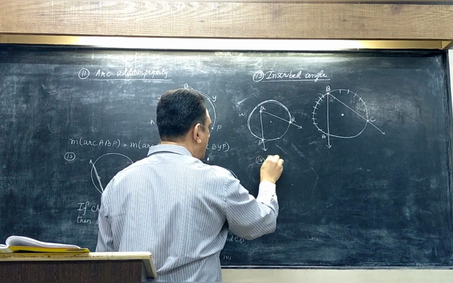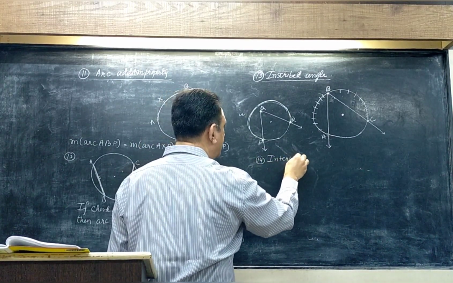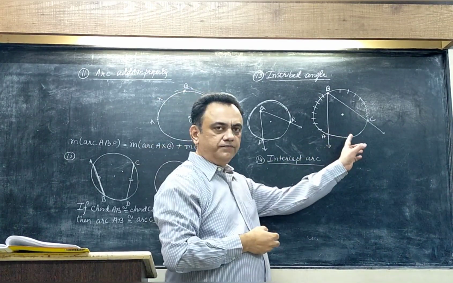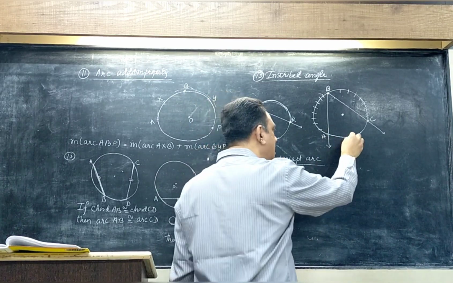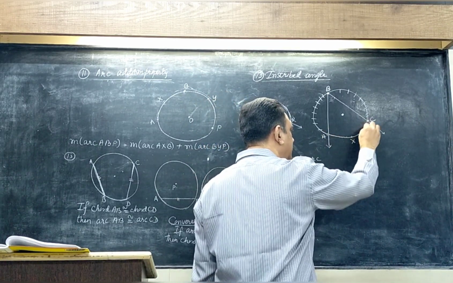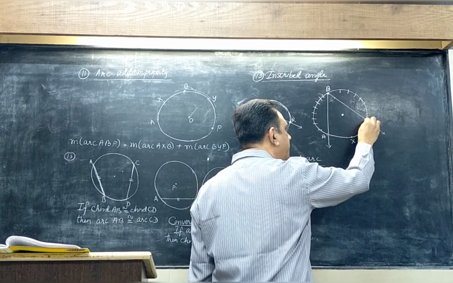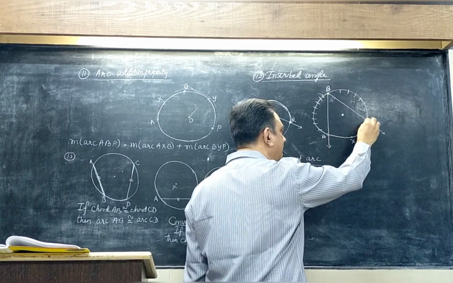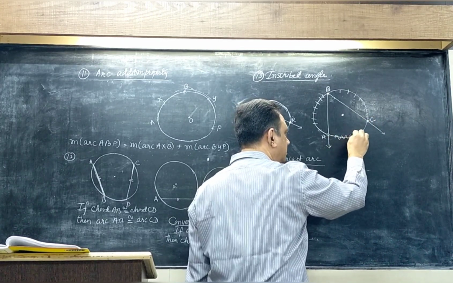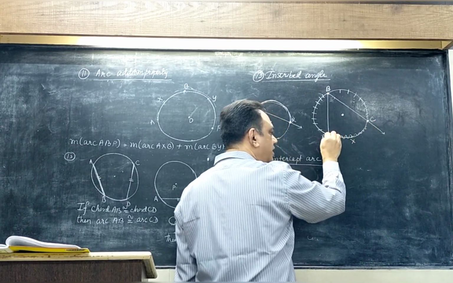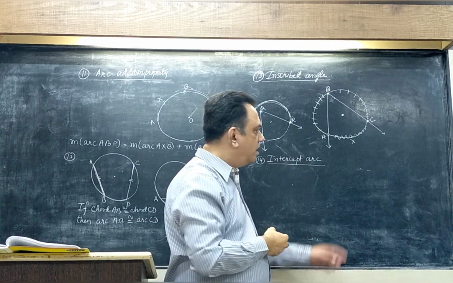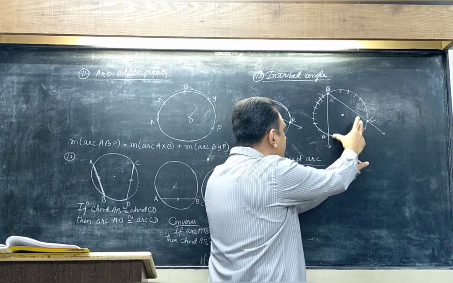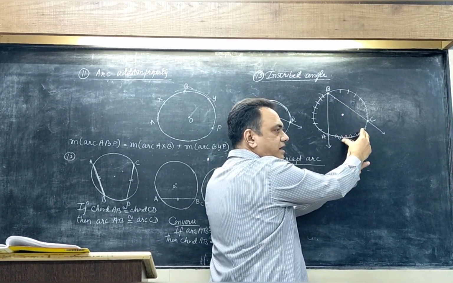14th point, I move on to intercepted arc. I take the same figure. If you look at this arc AXC, endpoints of this arc lie on the sides of the angle. This arc. Endpoints lie on the sides of the angle, and all the other points on this arc lie in the interior of the angle.